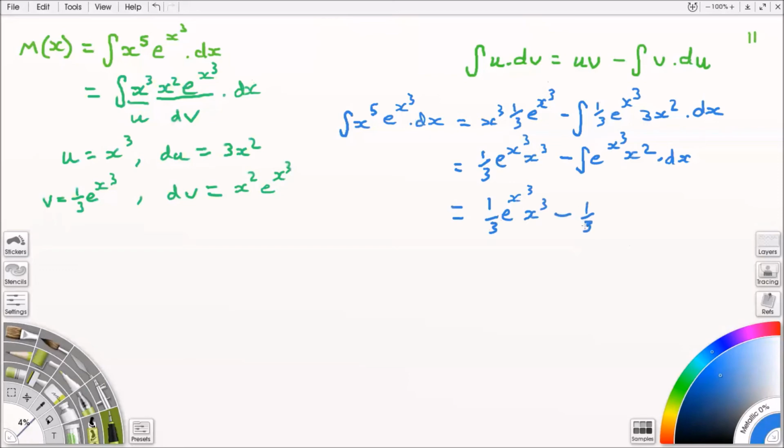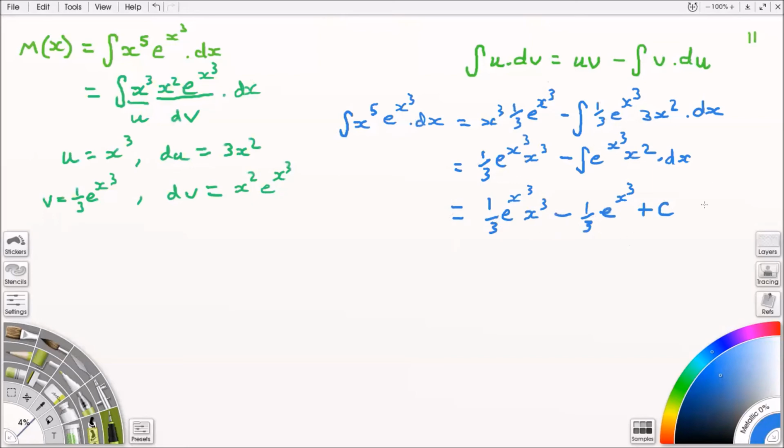We just rewrite our integral from before, e to the x cubed plus c. So we've integrated it. It's an indefinite integral, so we add our constant of integration. And I think this is as far as we can actually do this now.